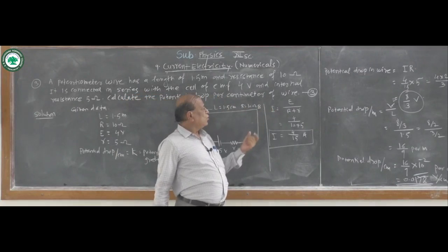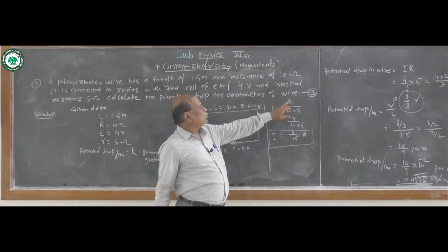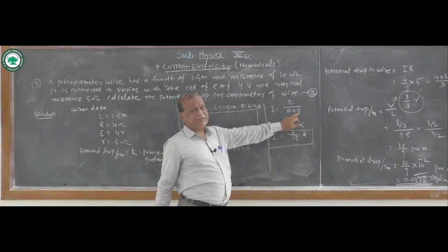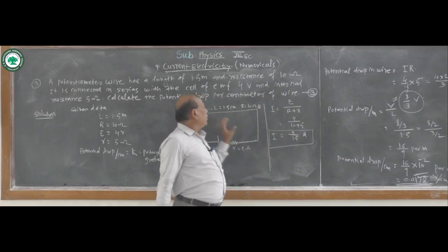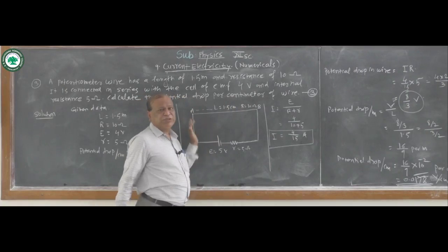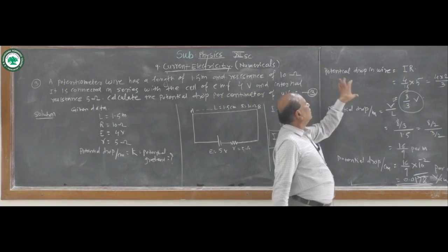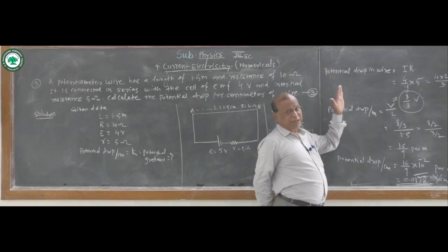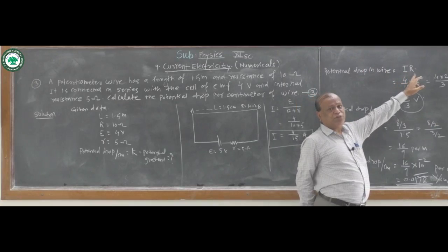This formula was already obtained in 11th standard, that is I is equal to E divided by R plus r, external resistance, internal resistance. Put these values and we get the current flowing through this wire. Obtaining current, we have to obtain the potential drop in wire, that is V. From Ohm's law, V is equal to IR.